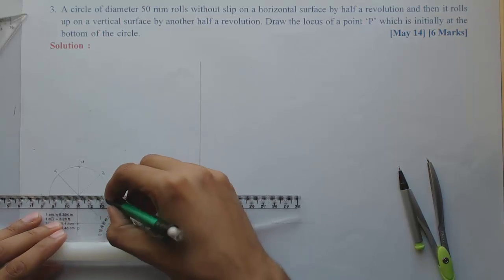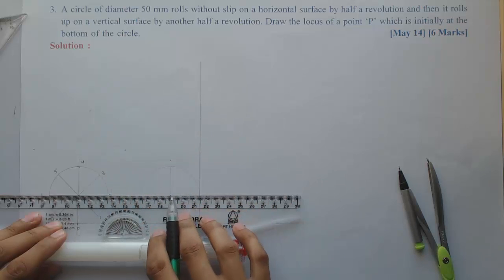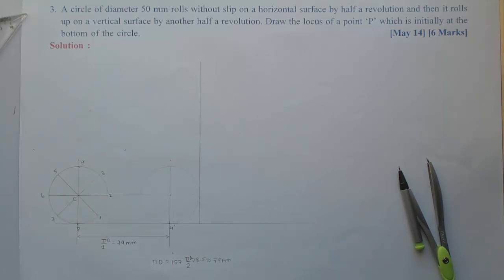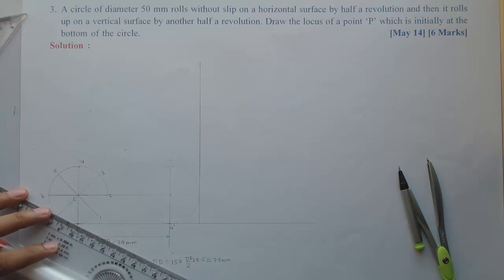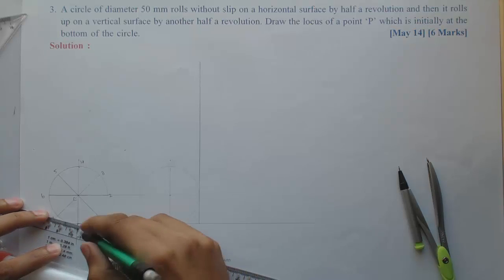So from this center line I need to project. So again I need to divide this P dash 4 dash. Now here we need to divide only into 4 equal parts, not 8, because we are considering only half a revolution. So we'll again follow the acute angle method.